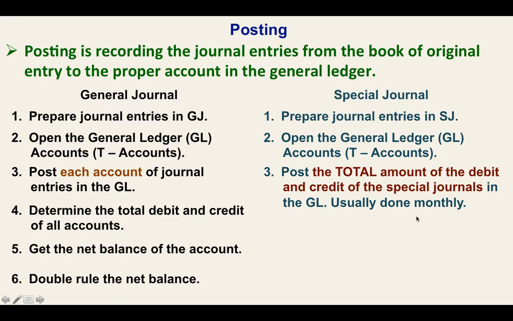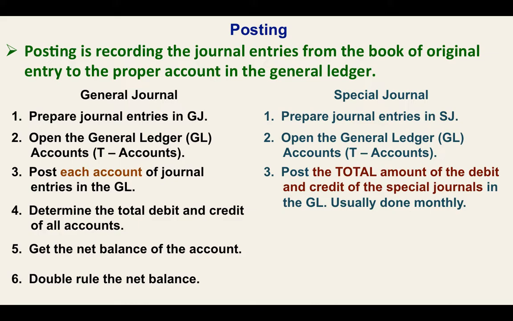Okay. By the way, class, yung special journal na posting the total amount, this is the concept using the manual record. Okay? However, for accounting system, ina-apply din yung concept ng special journal.